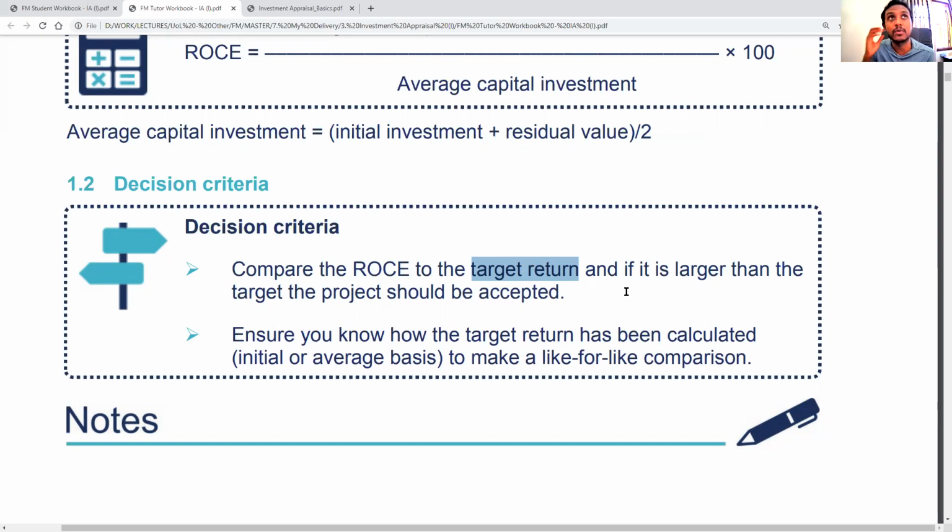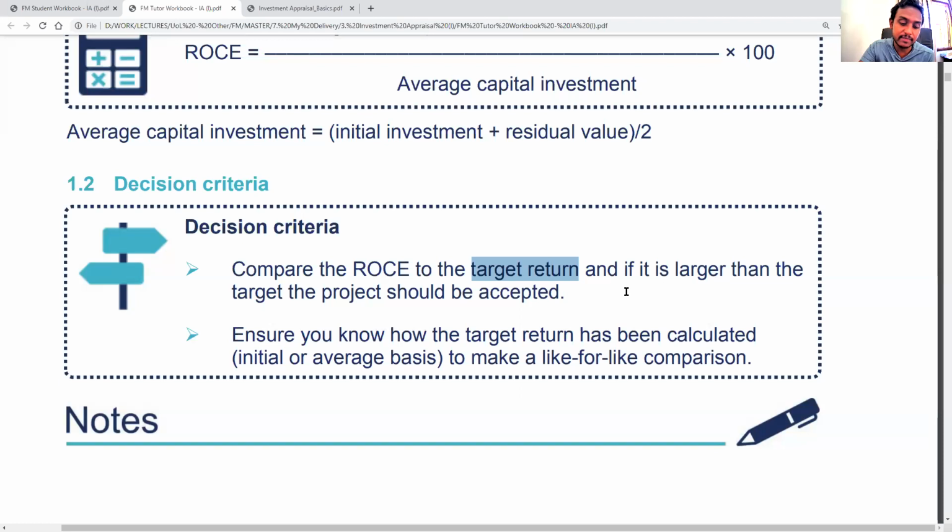Less than the target, rejected. Now, sometimes when you go to banks and ask for loans, let's say you have an investment plan and want to start a business, they will ask for the business plan to assess your creditworthiness and the project's creditworthiness. Within the business plan, an investment appraisal has been done, and they will look at the ROI and whether it can sustain the interest payment they are expecting.